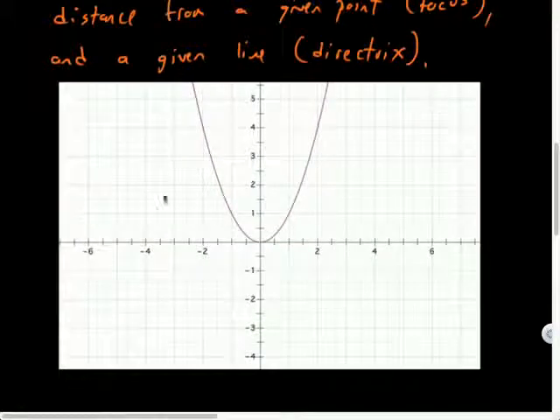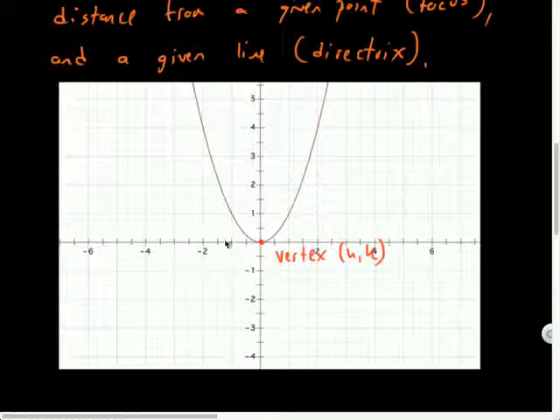So we still have some of the same information. We still have a vertex, which is going to be our h comma k. And we're going to have this thing called the directrix, which this is definitely not going to be to scale. Let's see, what would that end up being on this graph?